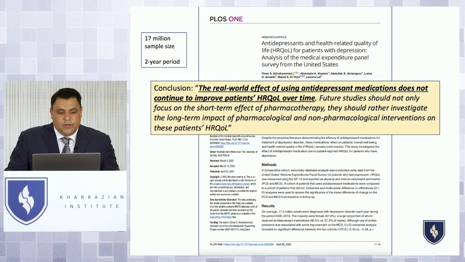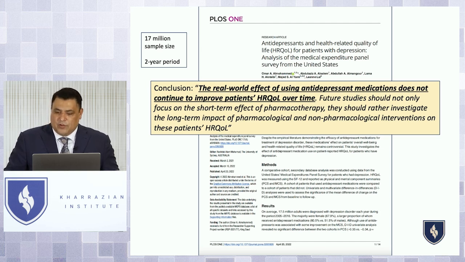Further studies should not only focus on short-term efficacy of pharmacotherapy, they should rather investigate the long-term impacts of pharmacological and non-pharmacological interventions on these patients' health-related quality of life. So they don't work long-term. This is what the studies have shown, and then the actual outcomes that they were initially published for have very little effects. So now we have all these people on antidepressants.